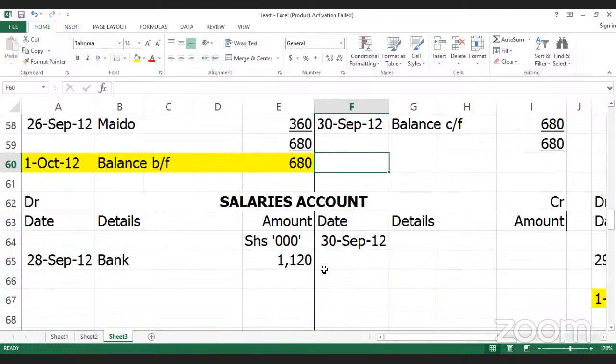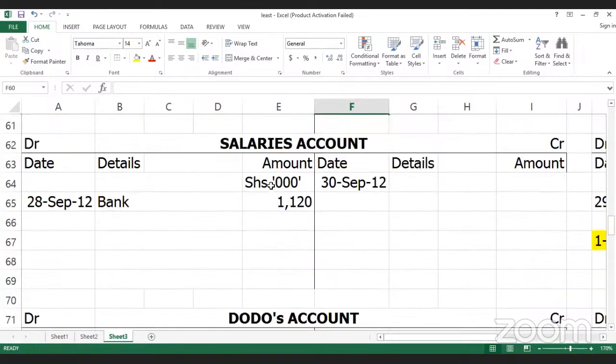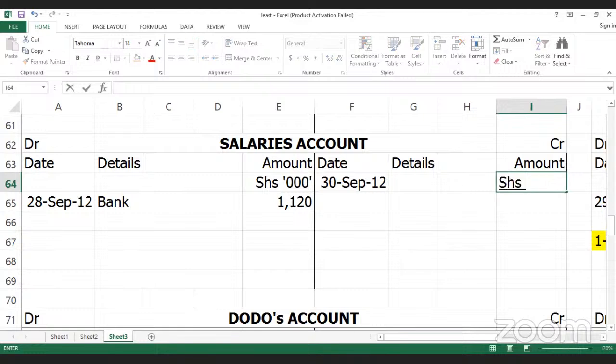Now we move to the salaries account. As you can see, for the salaries account, the debit side is greater. So our balancing figure will be on the credit side.